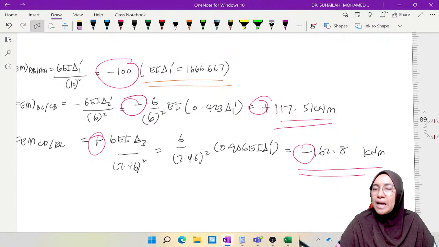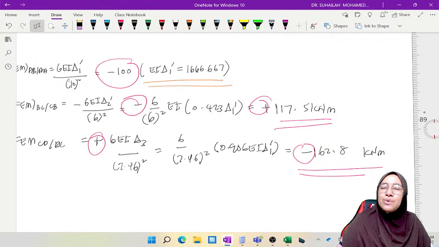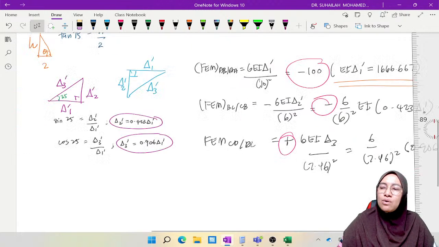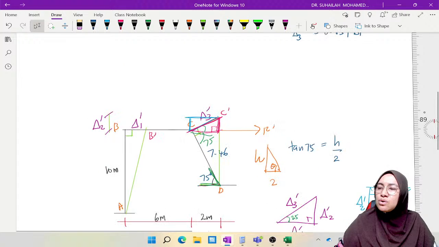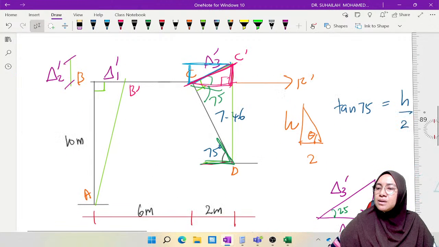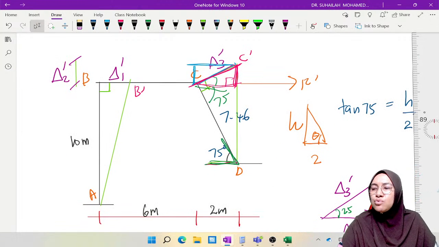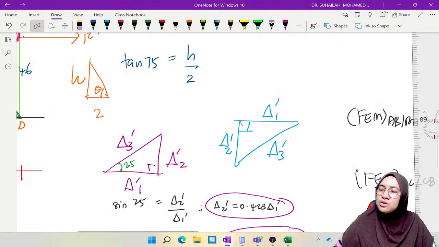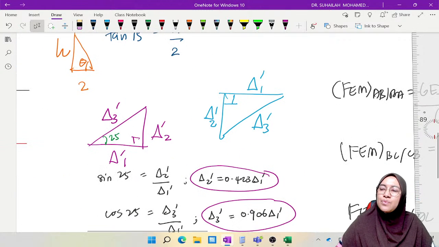We assume 100, and we put sign depending on the behavior. And then we have to find the ratio. Because of one inclined column like this, the ratio is not equal, because delta 1, delta 2, and delta 3 are not equal like what we have done previously.